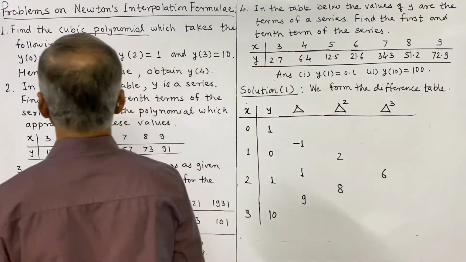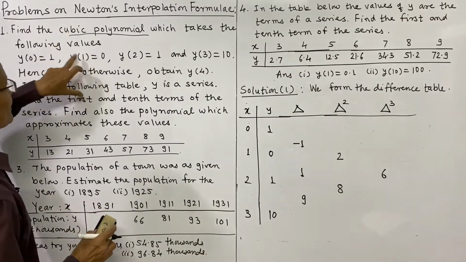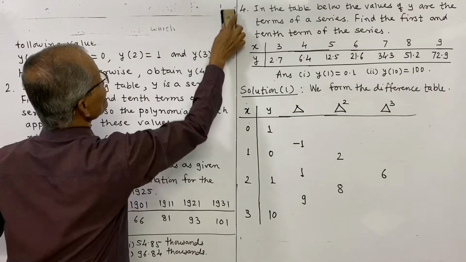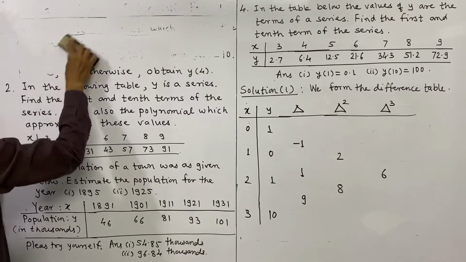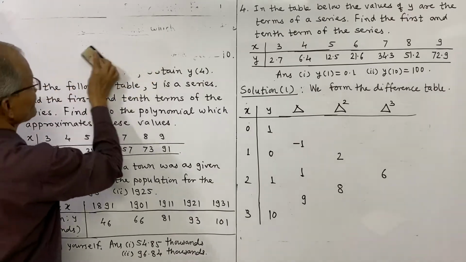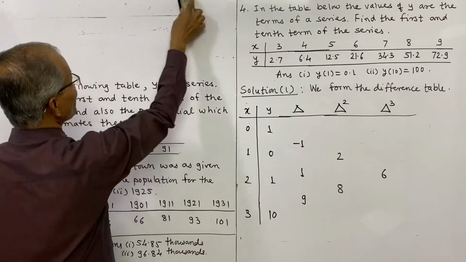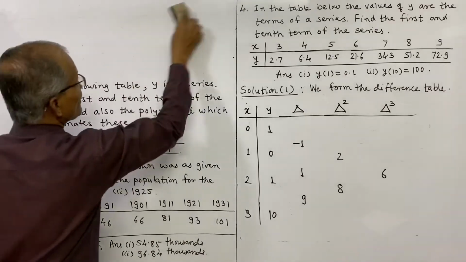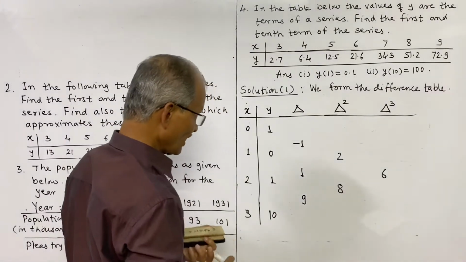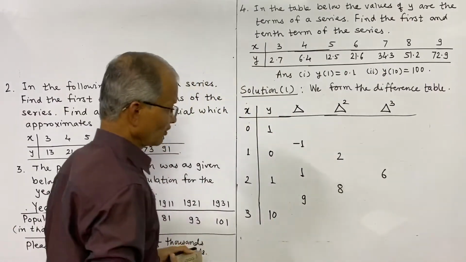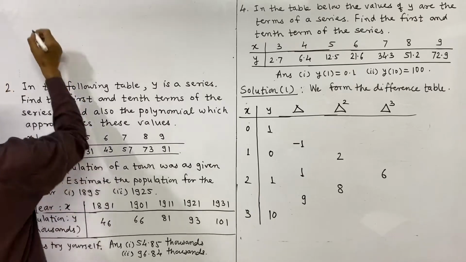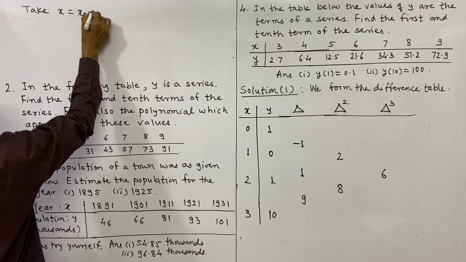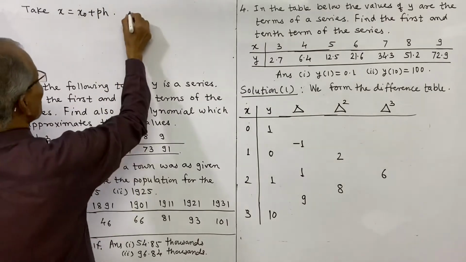We shall remember that we have to obtain y at 4. Here, what is x naught?